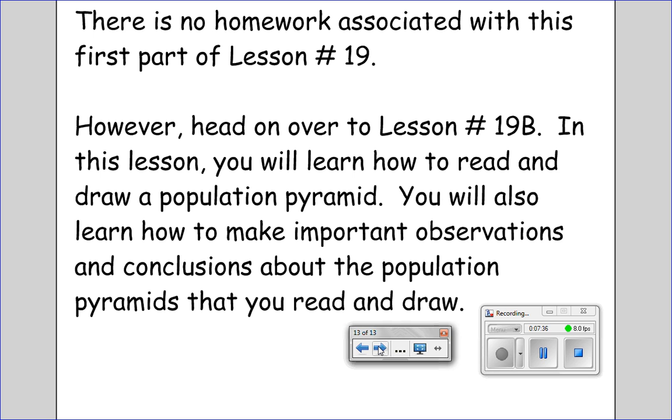Well, there is no homework associated with this first part of lesson number 19. There aren't even any discussion questions for you to consider at the end of this video. However, you need to head on back to YouTube for the video for lesson number 19B. In this lesson, you will learn how to read and draw a population pyramid.